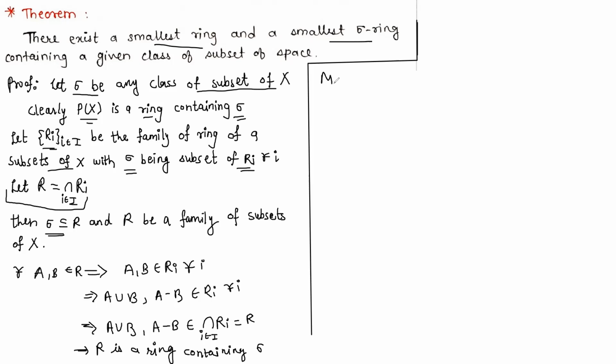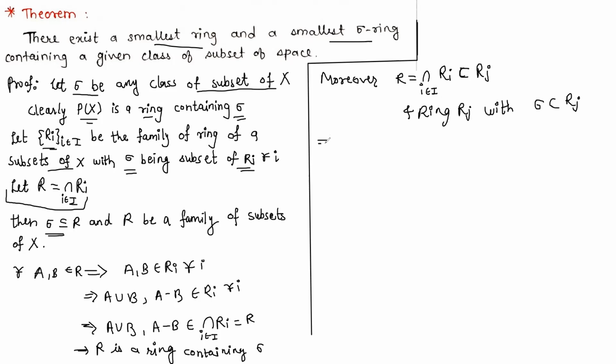Now moreover, this R, which is equal to the intersection over i of R_i, is a subset of R_j. And this R_j is a ring with sigma, the class of subsets of X, being a subset of R_j.